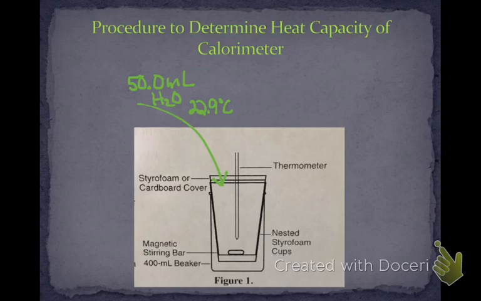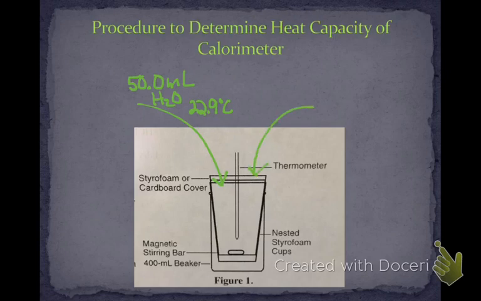The next thing that we're going to do is heat water separately in a beaker, heat it up to about 70 degrees C, and add 50 mL of that water into the styrofoam cup, or the calorimeter. I guess I should be using proper lab terms.